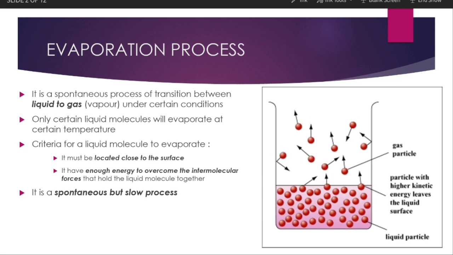But the amount of liquid molecules converted into gas molecules, or vapor, depends on the temperature of the surroundings. Basically it's a slow process, but if you apply a certain amount of heat, this reaction might occur at a higher speed.